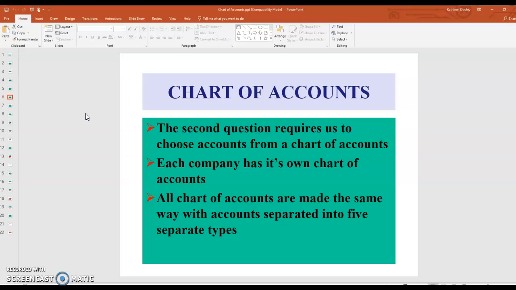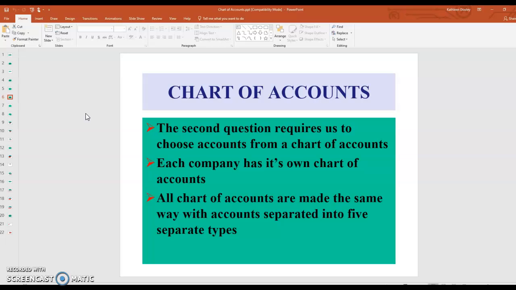Some accounts are very common across the board, such as the cash account, which represents the business's checking account. Generally you're going to see that in every organization's chart of accounts. Other accounts may only show up in a particular type of company, but not in other companies. So each company has its own chart of accounts.